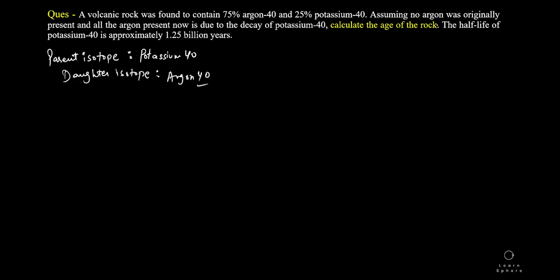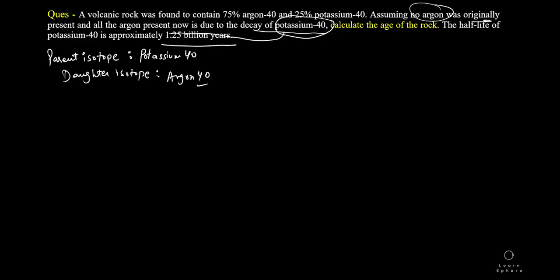It is already given that no argon was originally present. All the argon present now is due to the decay of potassium. Means potassium is the parent and it is decayed into the daughter isotope, which is argon 40. Clear? And the half-life is given as 1.25 billion years.